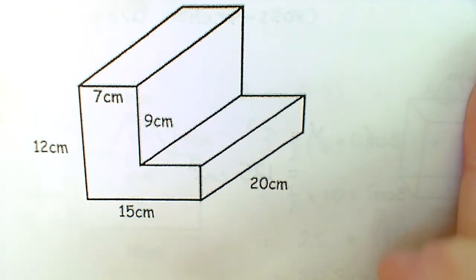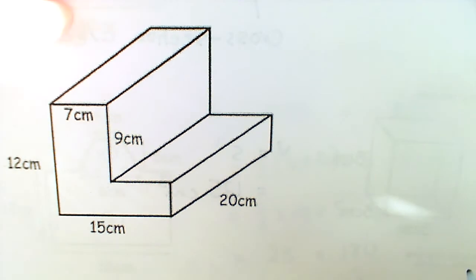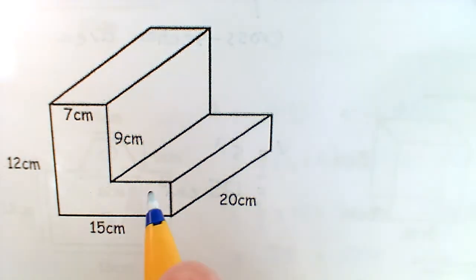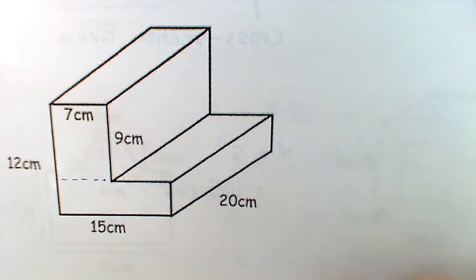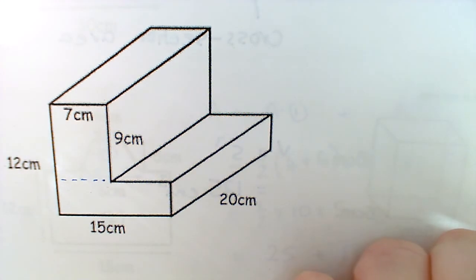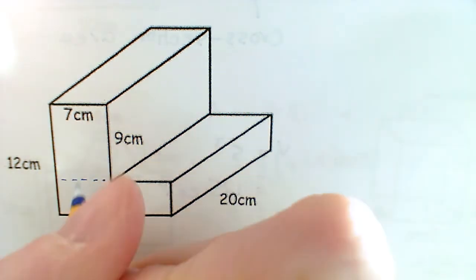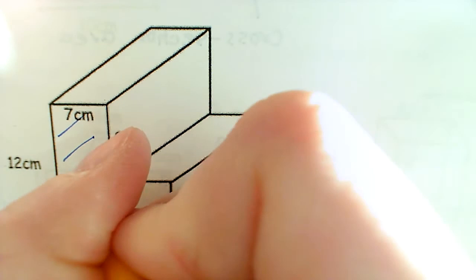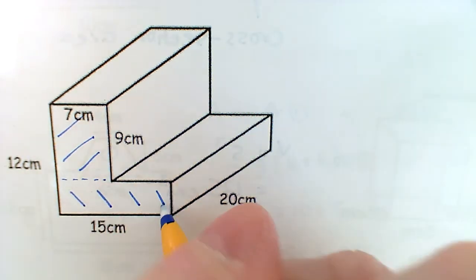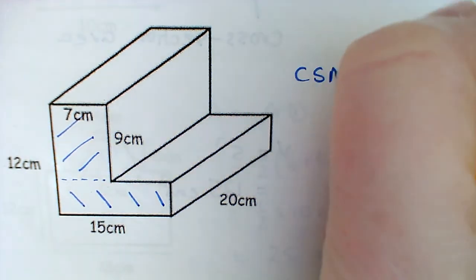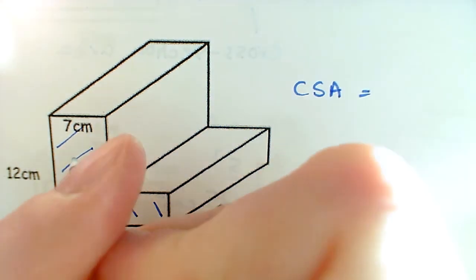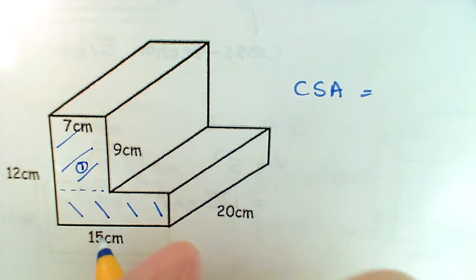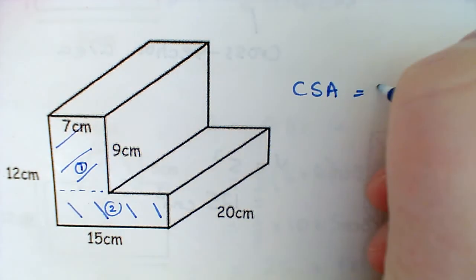Okay, our next one then, we've got an L-shaped prism, so I'm going to have to divide this into two different rectangles. To find this cross-section area is going to be the two rectangles added together. So let's find that first. So it's going to be the top one, we'll call number 1, and this one here we'll call number 2.